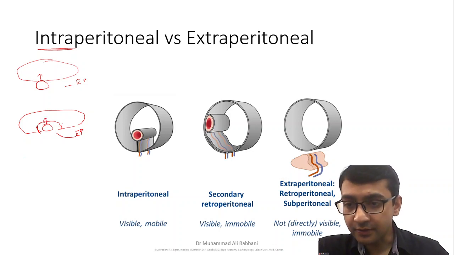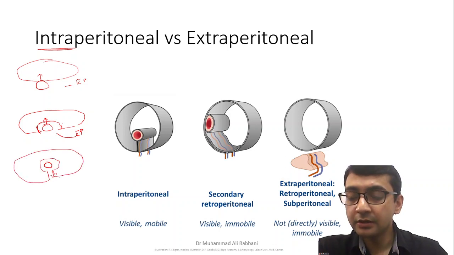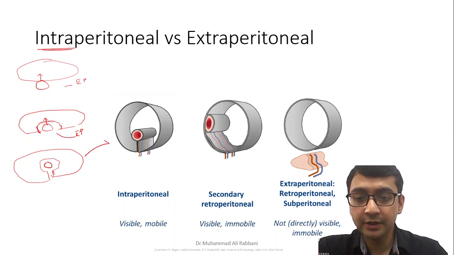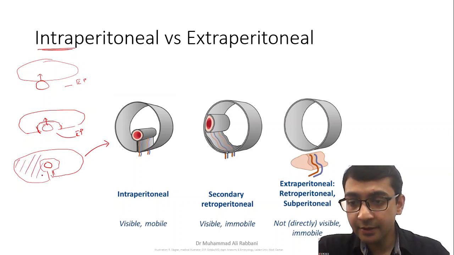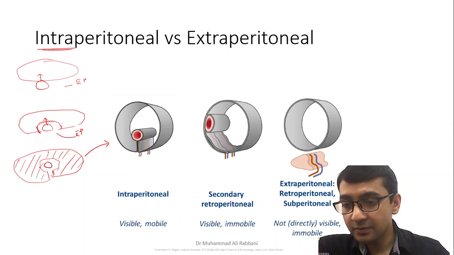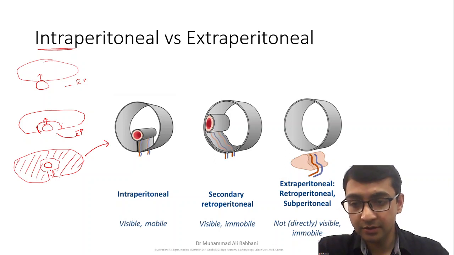If it moves even further and reaches here, the membrane covers it like this. Now it is known as an intraperitoneal organ. This particular image is shown here. I am emphasizing again that intraperitoneal does not mean that it is within the actual cavity. It is completely surrounded by peritoneum, so it seems to be within the cavity.